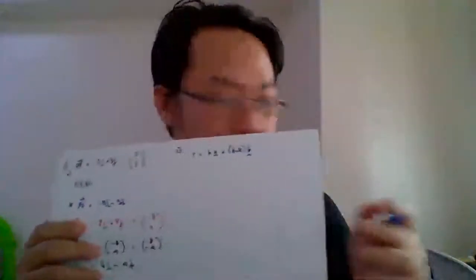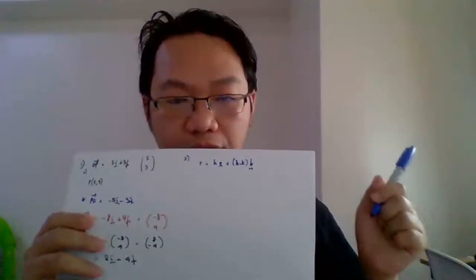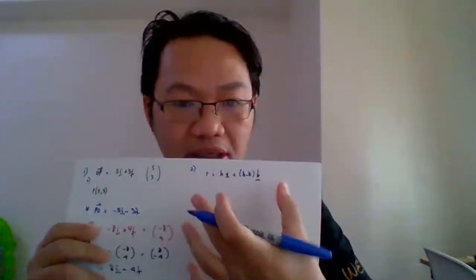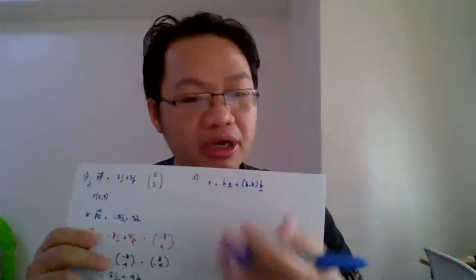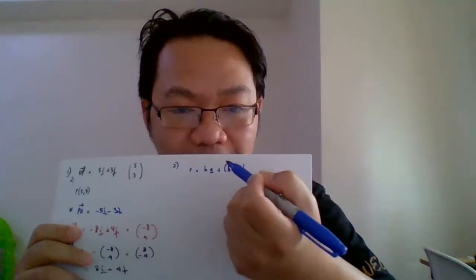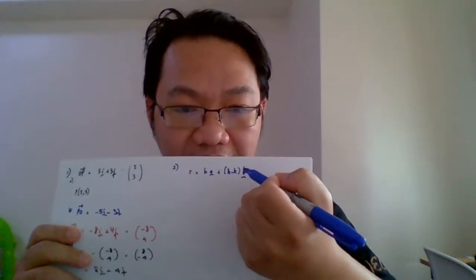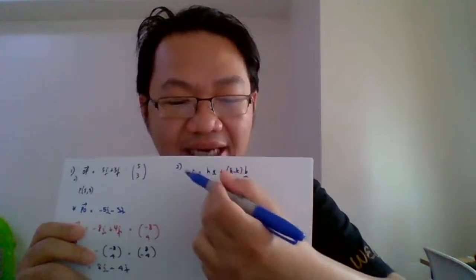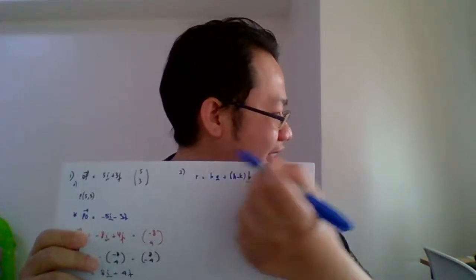So in your question, there's a box with P, with Q, and the third piece of information is this one: R equals Ha plus bracket H minus K close bracket b vector. This is the additional information. I just forgot to update the question. So now, by using the information given, find the values of H and K when R equals 3P minus 2Q. Okay, guys, this is the calculation. Actually, very easy.